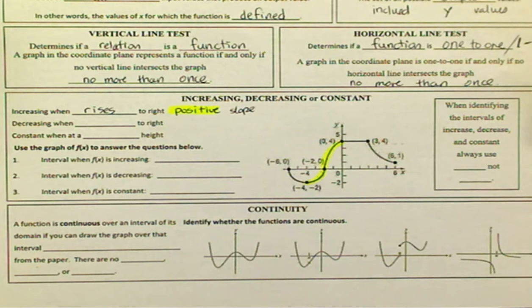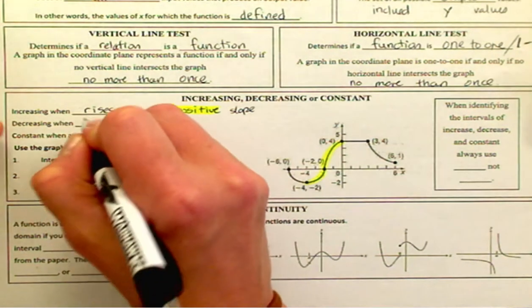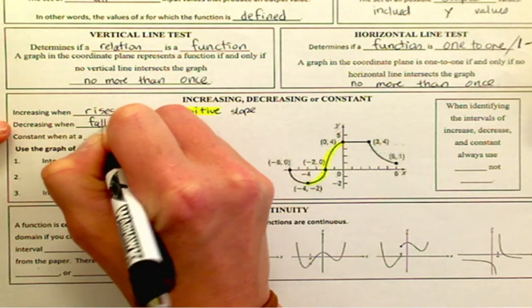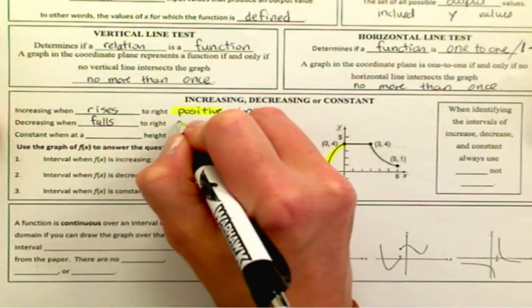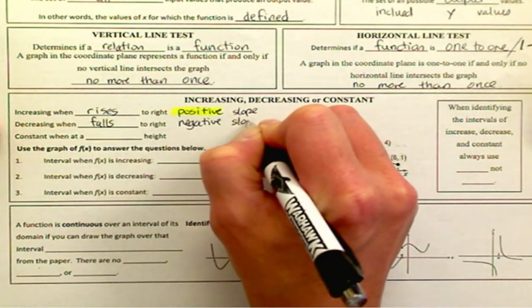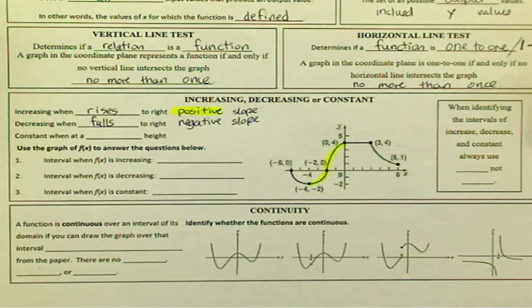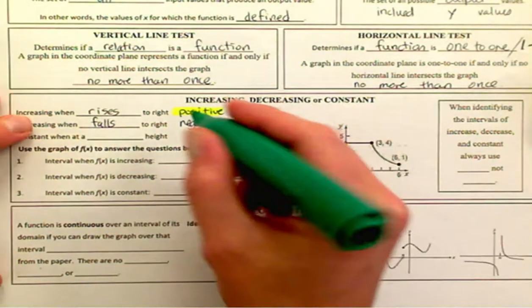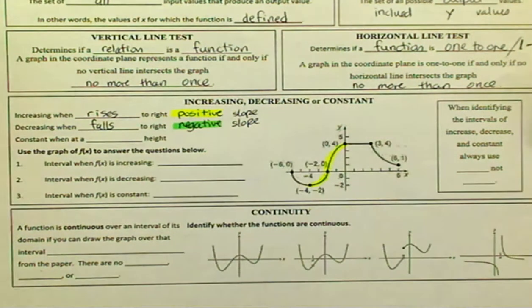Good. Okay. So let's go decreasing. When the graph falls to the right, and so this is going to be a negative slope. I'm going to make this one green. Okay. Now I want to highlight my negative slopes.